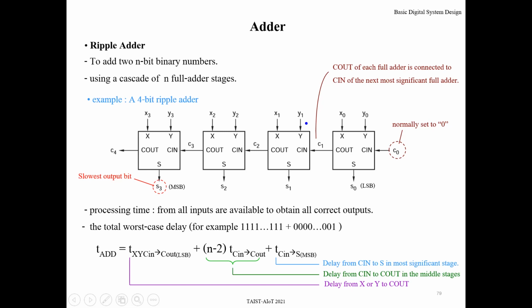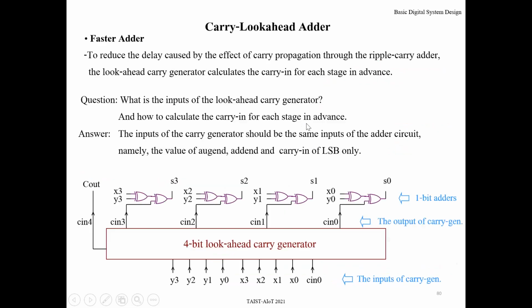So this one is not so good for ripple adder. So if you want to make it faster, what should you do? You should do something like this by using carry look ahead procedure.